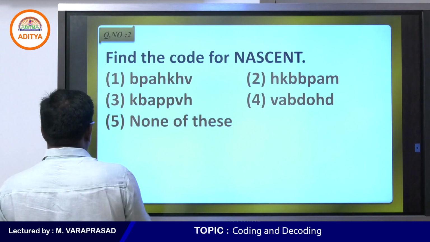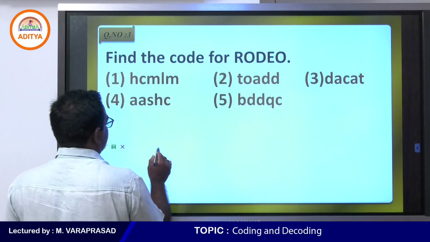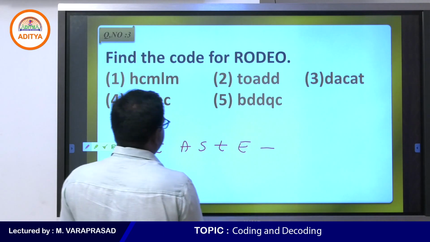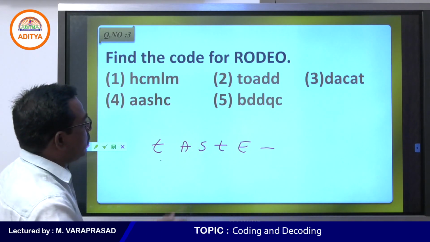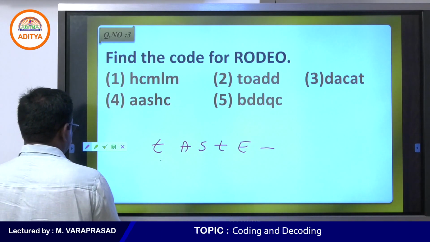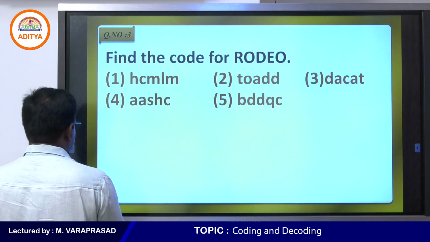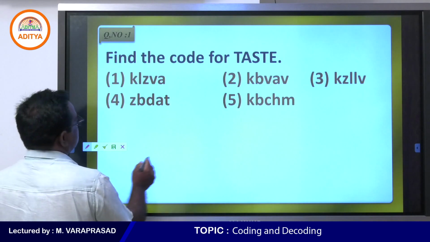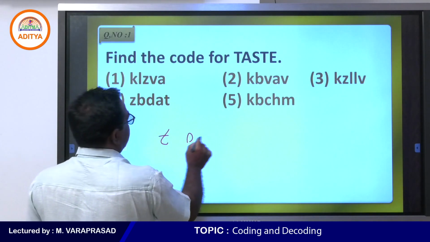T-A-S-T-E. So what is the T code? What is the A code? What is the code word for taste? T-A-S-T-E.